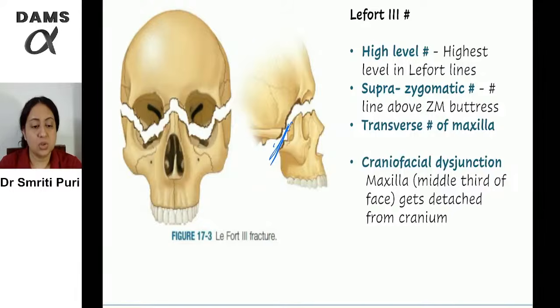So it is also known as the high level fracture because it is the highest of the Le Fort lines. Suprazygomatic fracture because it is above the zygomatico-maxillary buttress. Transverse fracture of the maxilla, and craniofacial disjunction, that means the entire maxilla is separated from the cranial base.